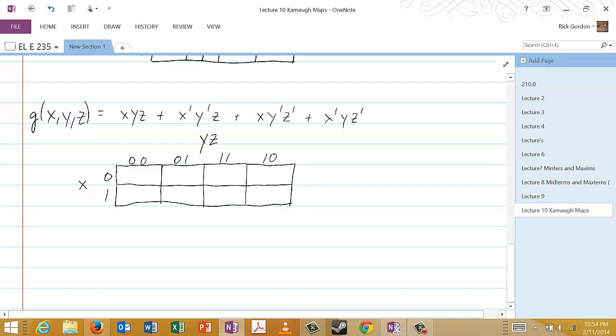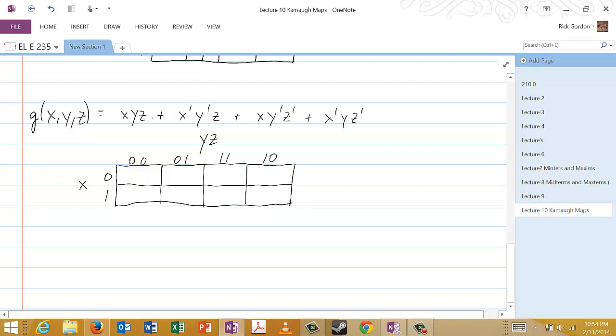Let's just say these are the implicants of G. And so since we know that when any of those is equal to 1, G will be 1, this will give us a very quick way to fill in the Karnaugh map for G. So let's look, for instance, at x y z.